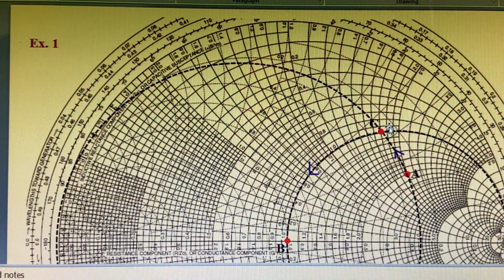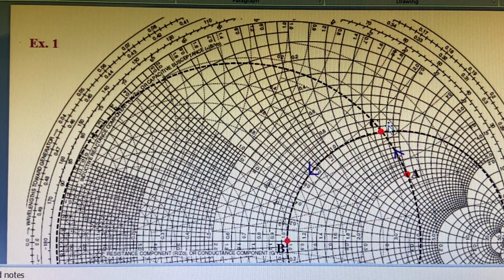The circle passing through the point C is not shown in the figure, but there is a circle passing through the point C like this. It will be somewhere here. So the value of that we have to take. The value of that may be in between 0.4 and 0.5. Here it may be 0.45. So the susceptance circle value passing through the point C may be equal to 0.45.